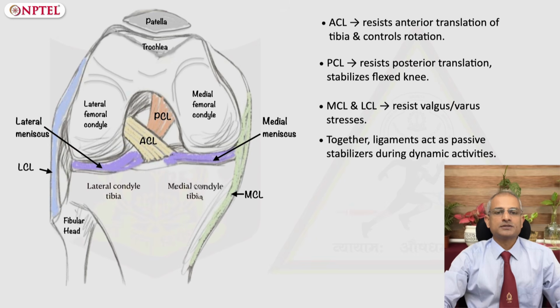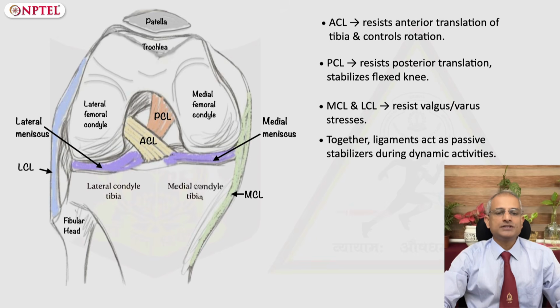This ligament resists posterior translation of tibia at all positions of knee and stabilizes the flexed knee. It also has a role in restraining tibial rotation when the knee is flexed. The PCL is twice as thick as ACL. Hence, this is less prone to injury due to its stronger nature.